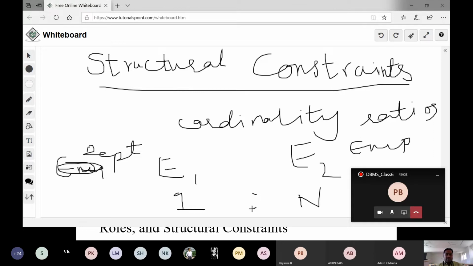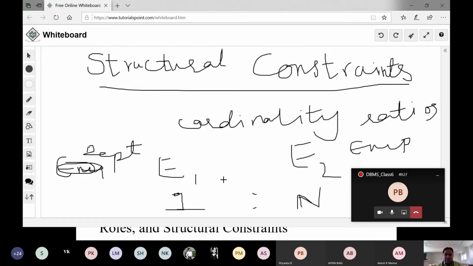Now how do you read this 1 is to n? In one department, I will have n number of employees. So an employee belongs to only one department. There are n number of employees in each department, correct?